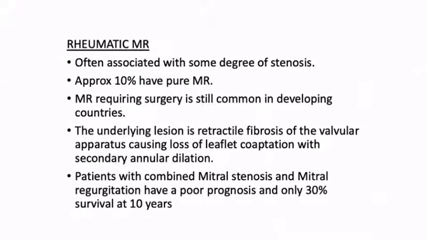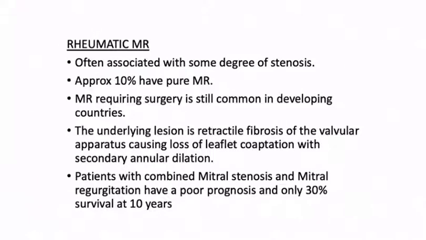Coming specifically to rheumatic MR, it is commonly associated with mitral stenosis. Only a few patients, about 10%, have pure MR. As it is still common in India, MR requiring surgery is still common in rheumatic disease, because there is associated rheumatic mitral stenosis, and involvement of the aortic valve and tricuspid valve is common with rheumatic heart disease.